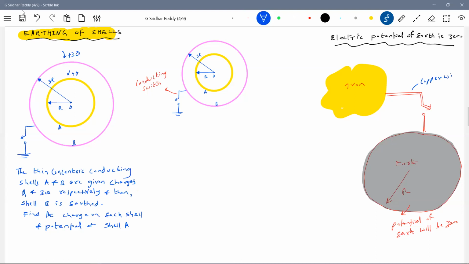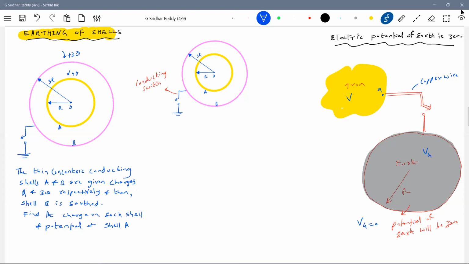Okay, there's a conducting copper wire, I'll write it. What is the potential of Earth? I'll write it as ground, so this will be 0. There's an iron body, so let's assume it has some potential. Copper is also a conductor, no? So when I join, this is very important.